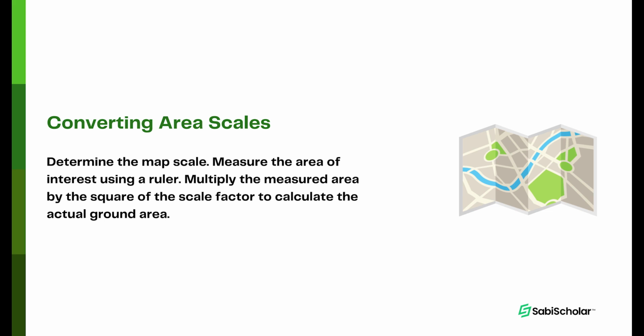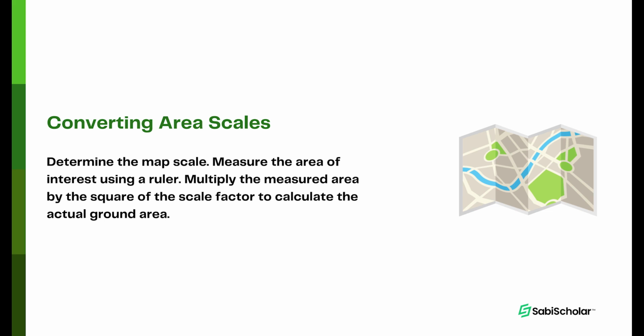Now you need to check the scale, and let's say the scale is 1:50,000. The ground area would be 16 square inches multiplied by 50,000 raised to power 2, which is about 4 million square inches, or approximately 25.4 square miles. Not really difficult math to do.